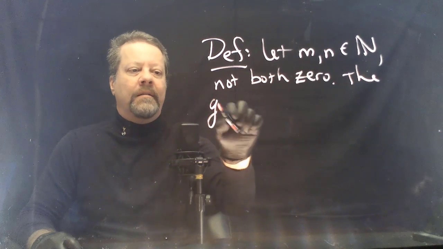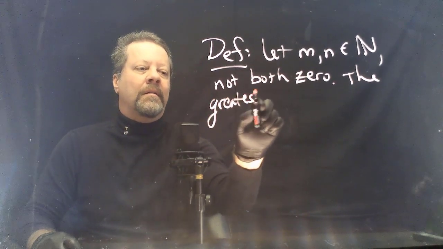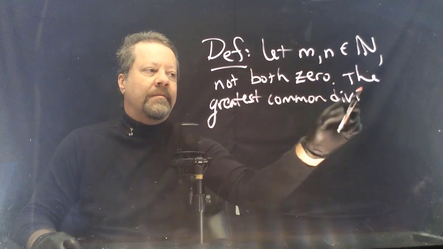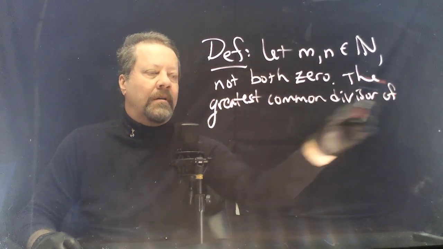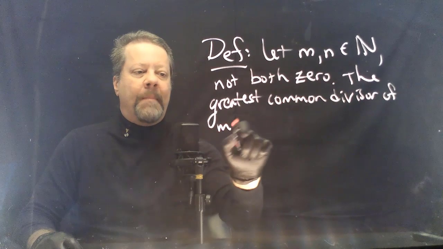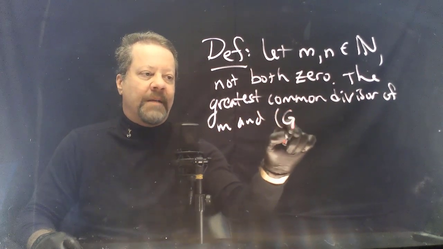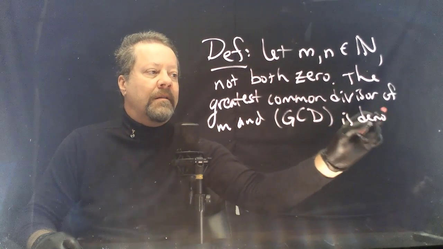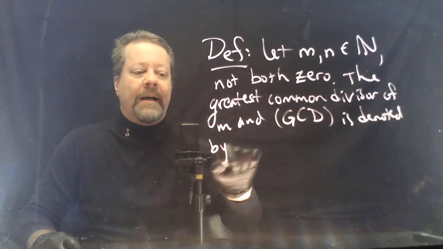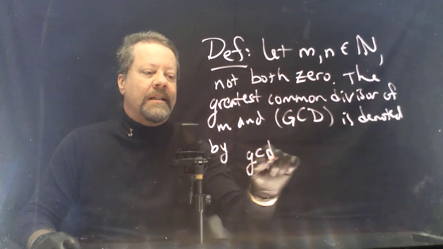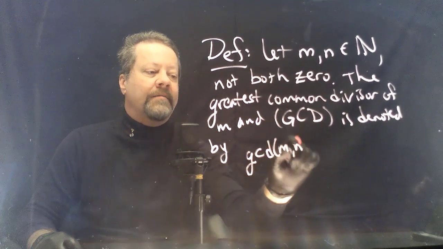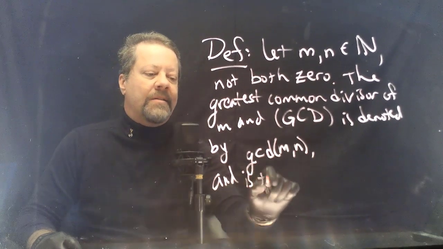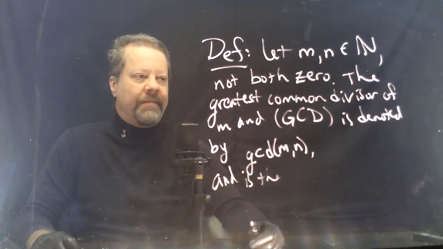The greatest common divisor of m and n, sometimes called the GCD, is denoted by GCD of m and n, and is the largest integer that divides them both.